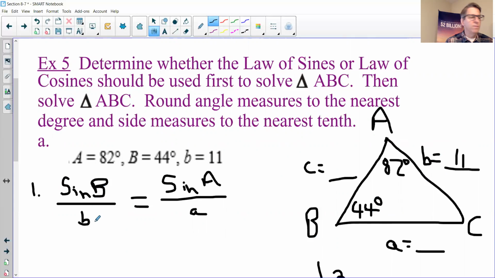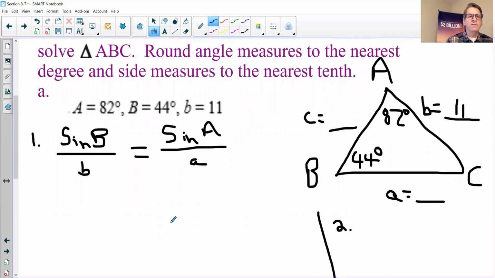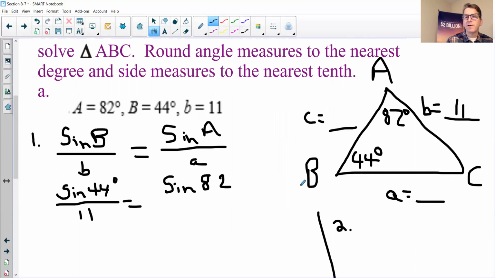So sine of B over B first, and we'll set that equal to sine of A over A. This is the law of sines, and the first one would be sine of 44 over B, which is 11, which is equal to sine of 82 over A.